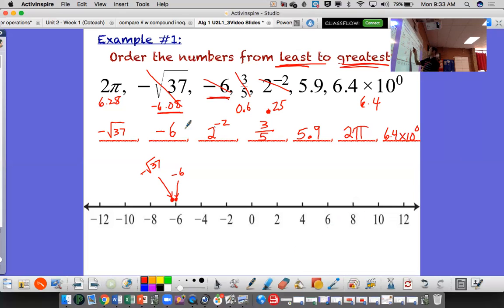The other mistake that some kids make is they will write these down not in their original form, but in their decimal form, and they'll get stuff marked wrong because of that. It needs to be written in its original form. So 2 to the negative 2 is 0.25, somewhere about here. You're labeling a number line. 3/5 is 0.6, so somewhere right there.